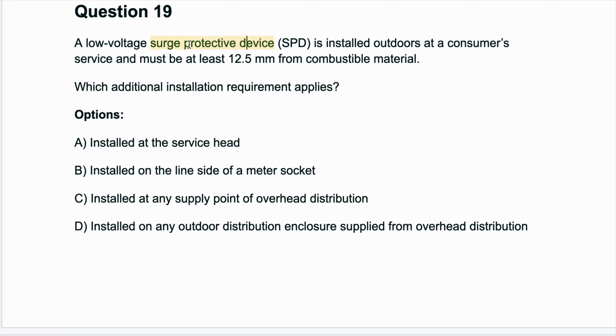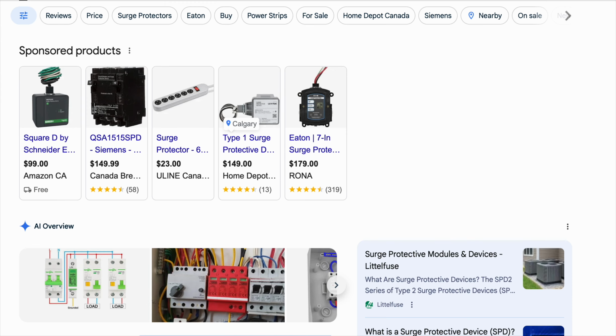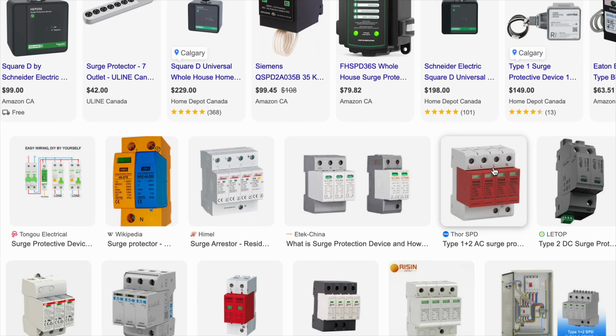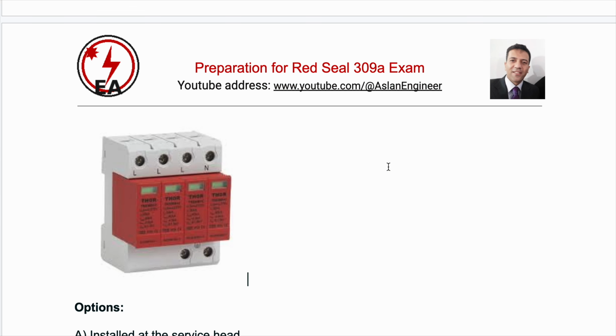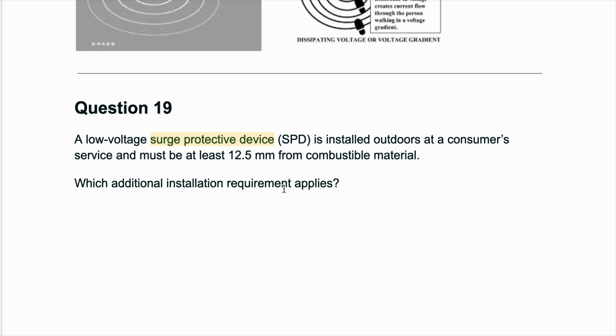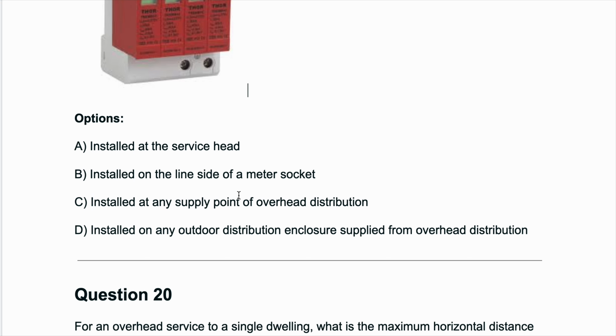They pass them to the ground, but they don't pass the low voltage to the ground. So surge protective devices are like circuit breakers. We install these devices to protect the electrical equipment against the high voltages from lightning or from the spikes.